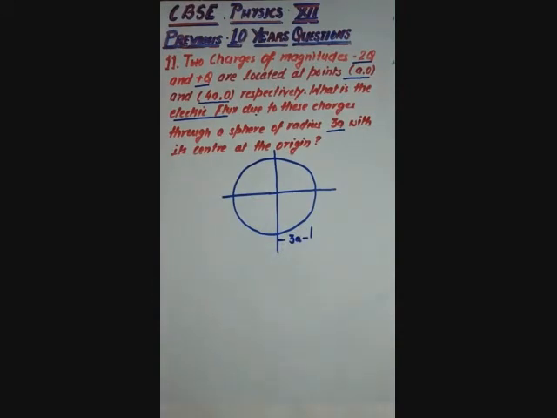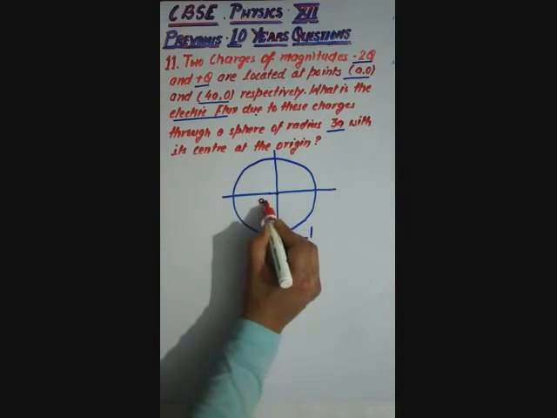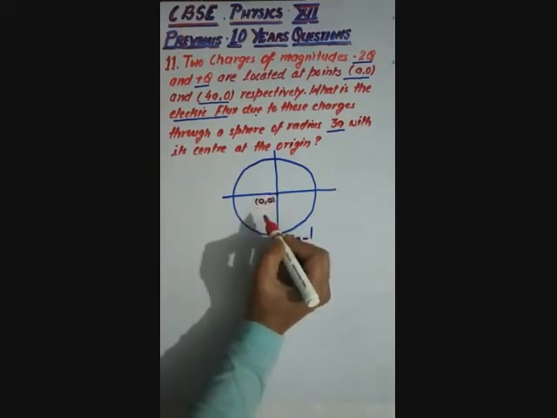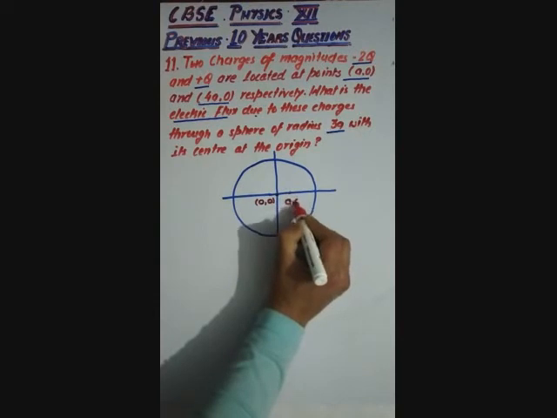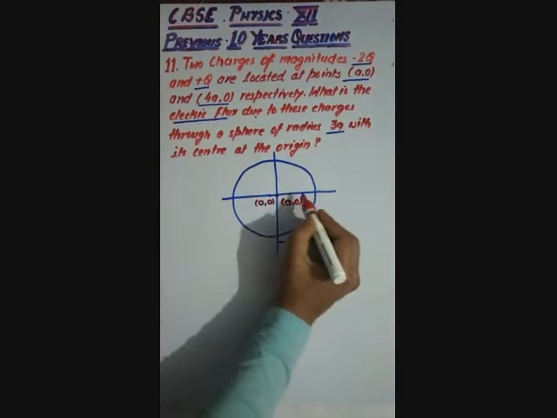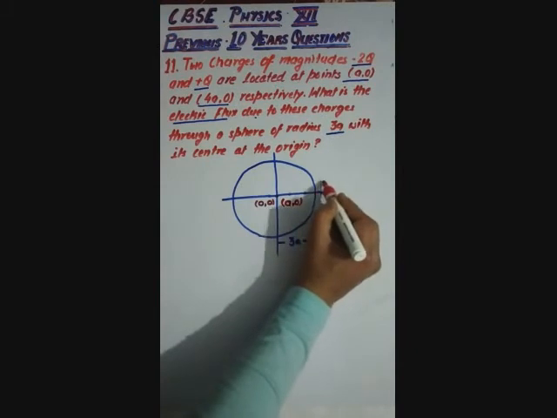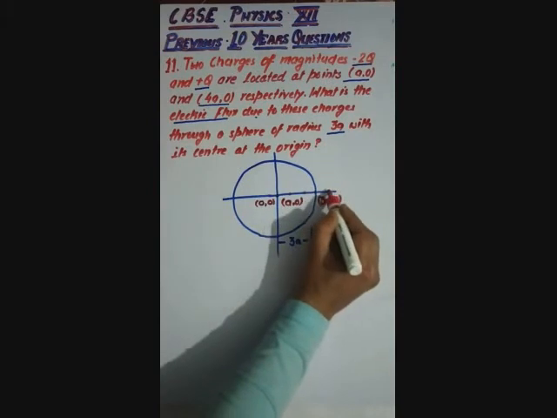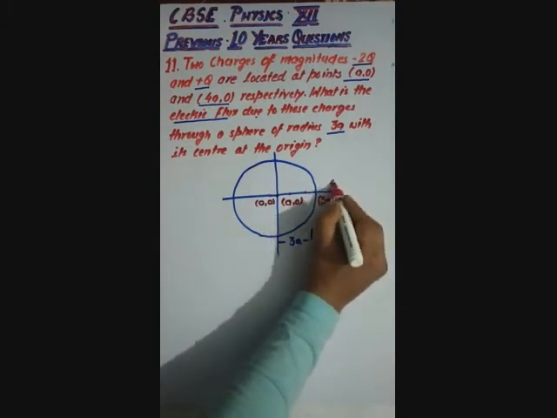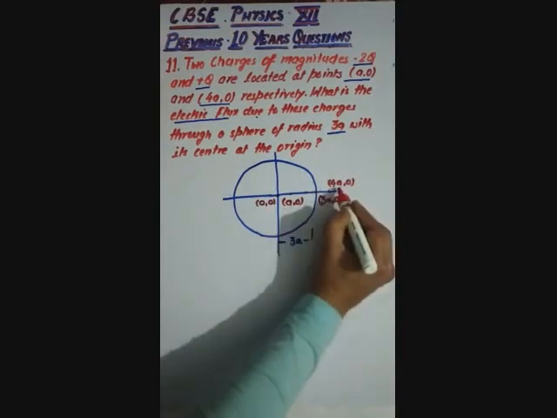This is the center, the origin (0, 0). Here (a, 0), here (2a, 0), here (3a, 0), here should be (4a, 0), and so on.